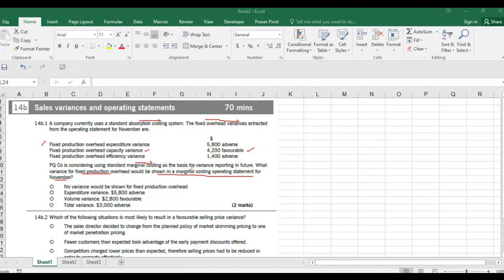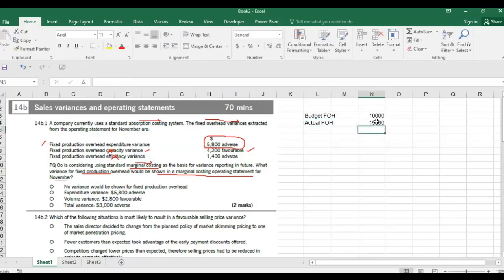So because you are considering using marginal costing, this is your answer, 5,800 adverse. Forget about the capacity and efficiency, they are related to absorption costing. In marginal costing, when I say 5,800 adverse, it looks to me, for example, that their budgeted fixed overhead was 10,000, and their actual fixed overhead is 15,800.